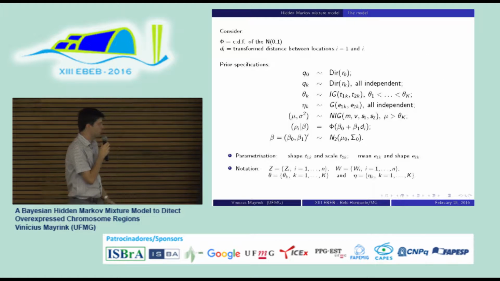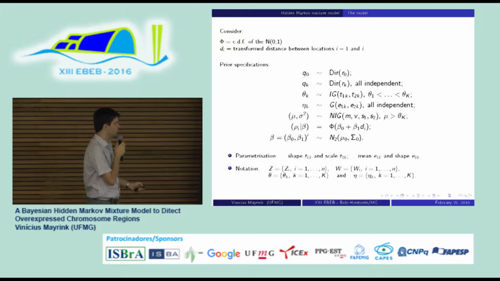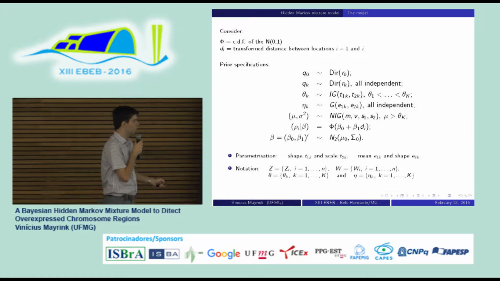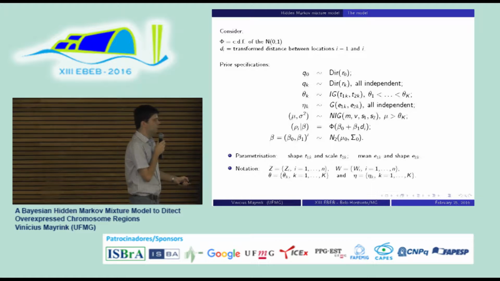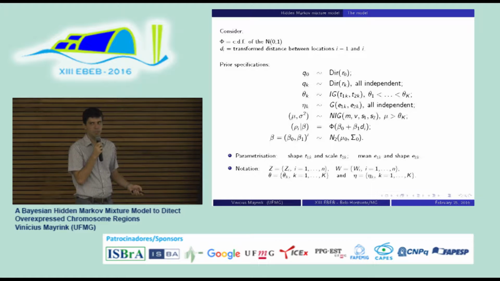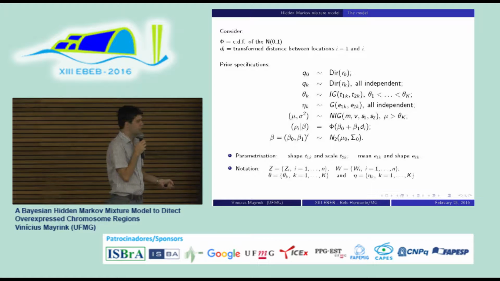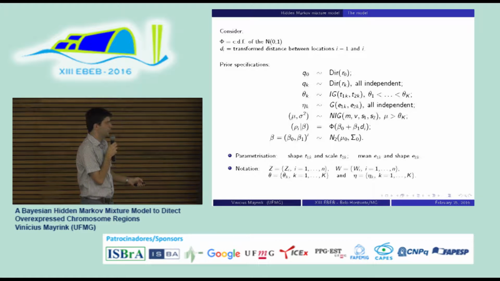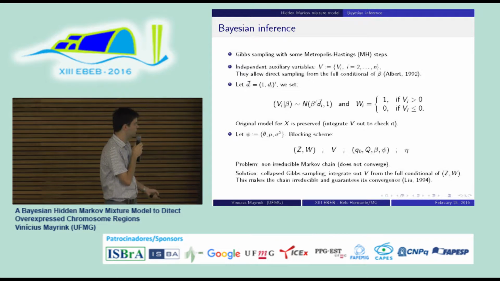Prior distributions: Dirichlet priors for the probabilities, and inverse gammas, and here we introduce this regression for the row i. We use, as I said, the rescaled distance as the covariate with some betas to be estimated, indicating how important this D is for this probability. Okay, so I introduced a few notations here.